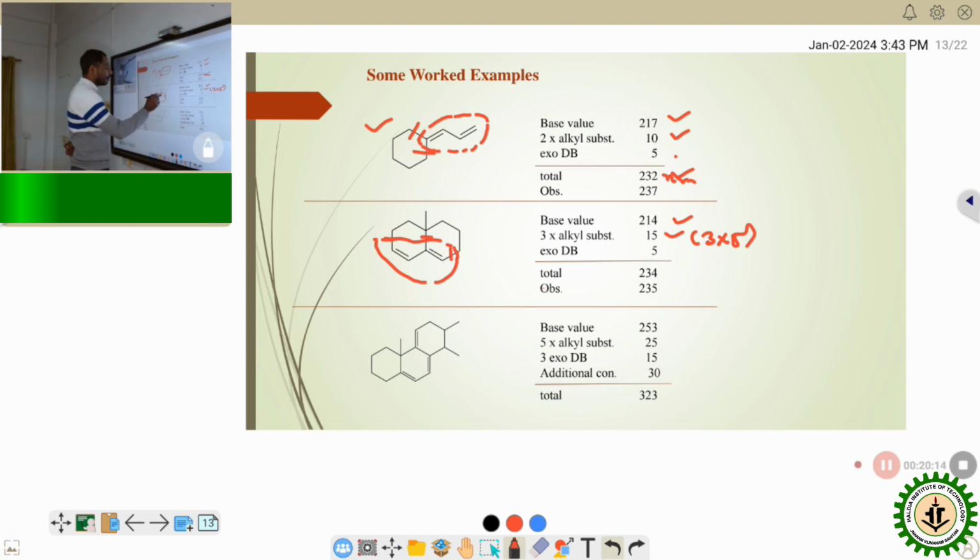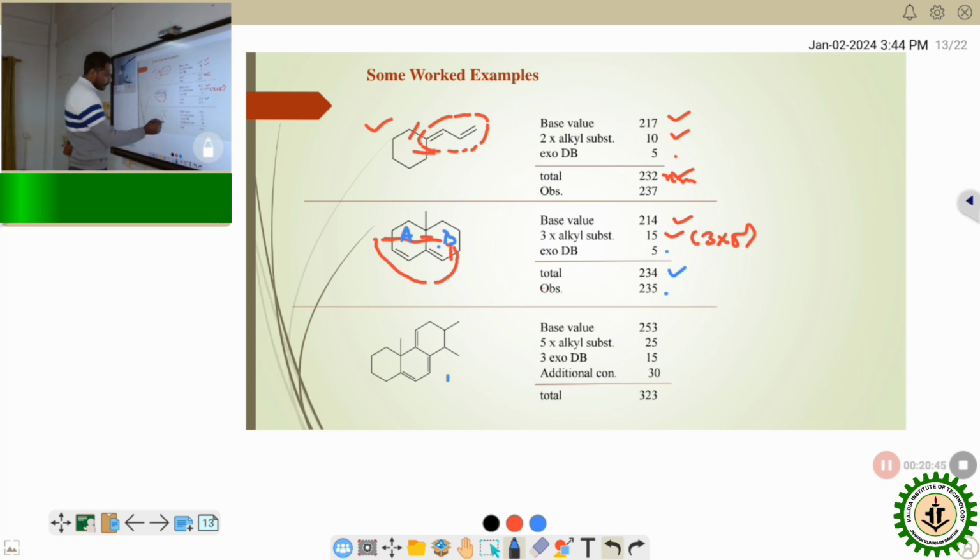And this double bond is an exocyclic double bond. If we consider that this is the A ring and another is the B ring, for the A ring this double bond is called an exocyclic double bond. For one exocyclic double bond, we add plus 5. These double bonds are not exocyclic double bonds; this double bond is the exocyclic double bond. So the total is 234 nanometer and the observed value is 235 nanometer.